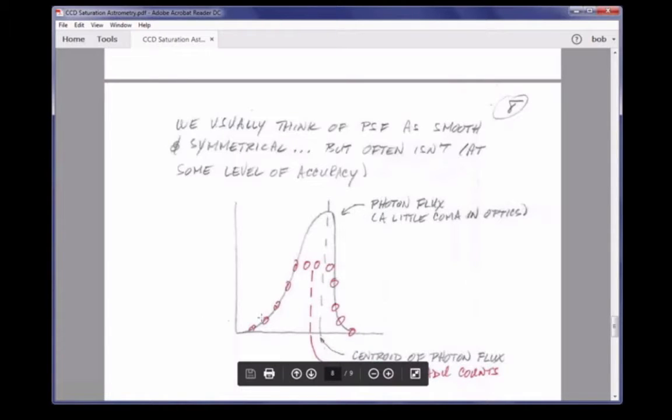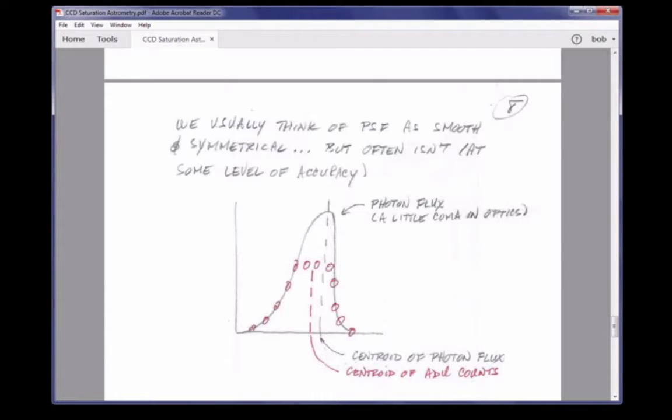But suppose that my sensor is saturated, so starting at the left-hand side of the point spread function, the signal gets brighter and brighter and brighter, and at this point my pixels are saturated. And so brighter, more photons in, no longer means more ADUs. And so I get this flat-topped detected signal.